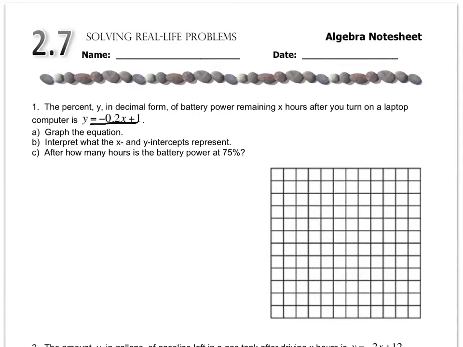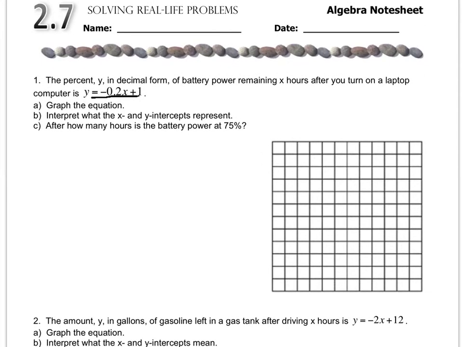If you know the number of hours your laptop's been on, then you can calculate how much power is left. Obviously, you could look at the little gadget in the top corner that tells you your battery power, but this is how it calculates it. It uses this formula. So let's graph the equation.